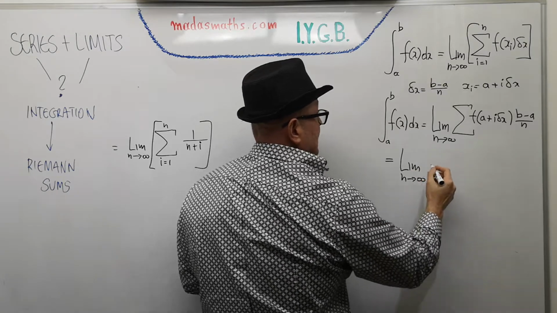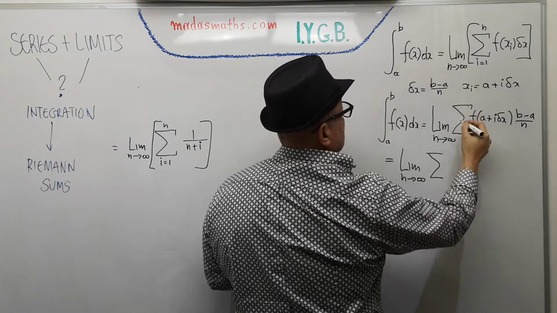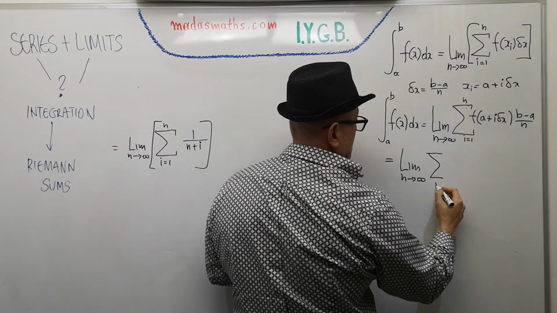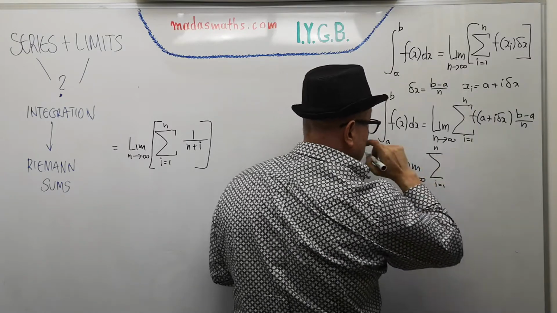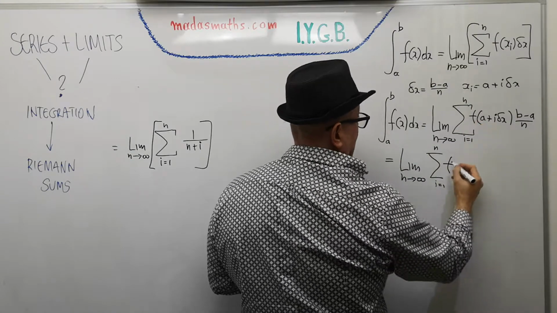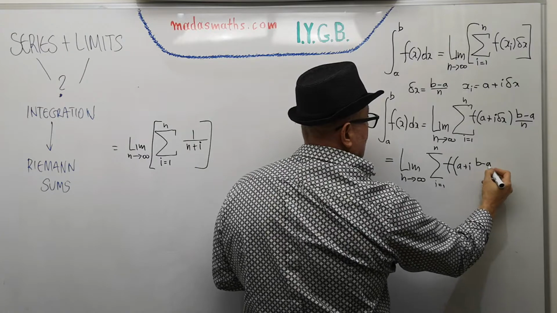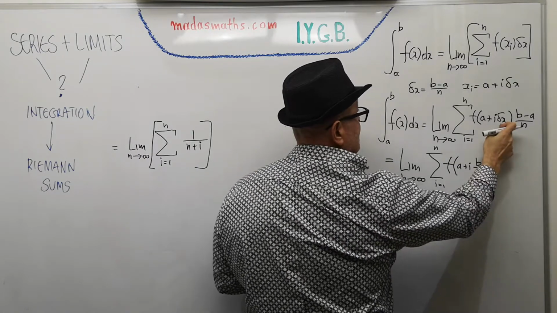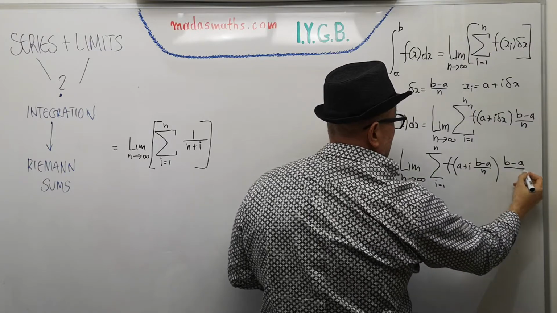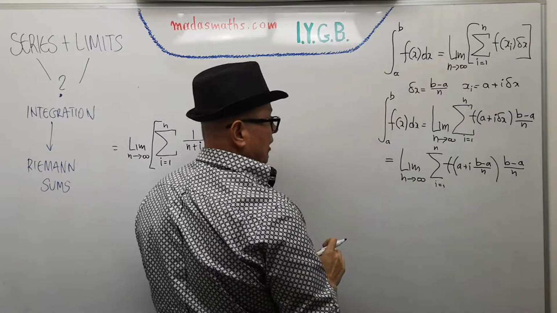Limit as n goes to infinity of the sigma from i equals 1 to n of f of a plus i (b minus a) over n, because that's my delta x, times (b minus a) over n. This is all inside the sigma.